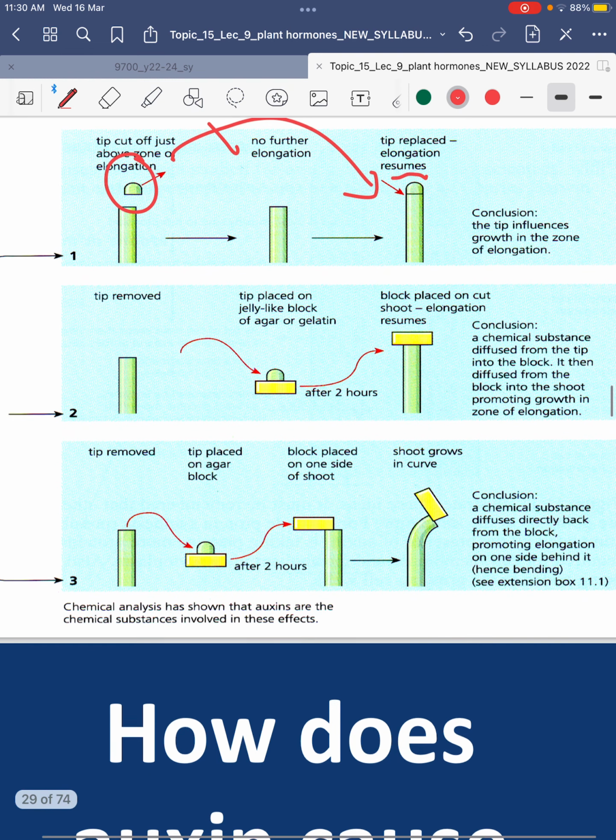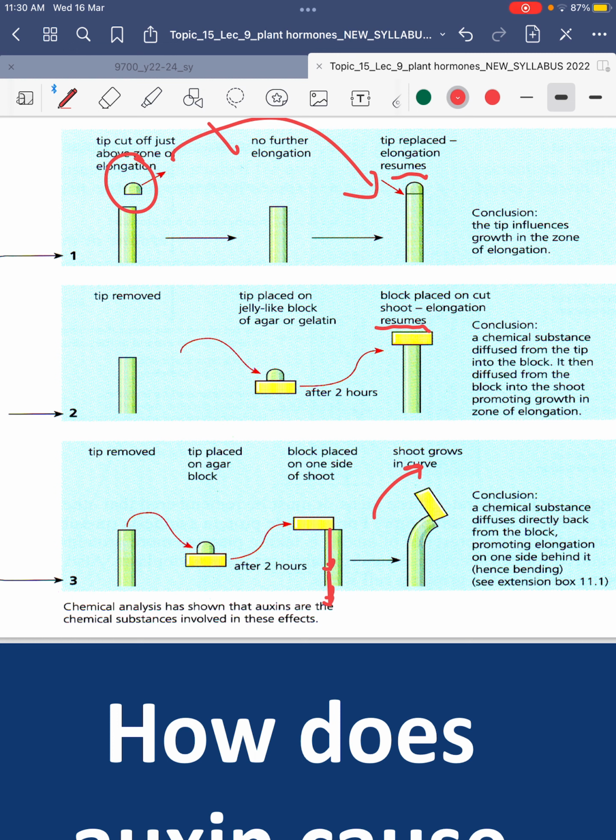If you cut the tip and put it on agar jelly, the auxin will diffuse into the agar jelly, and then you put the agar jelly on this region here, and elongation will resume. Interestingly, if you put the agar jelly only partially like this, then it will move to the right hand side. That means the auxin diffuses down in a straight line.